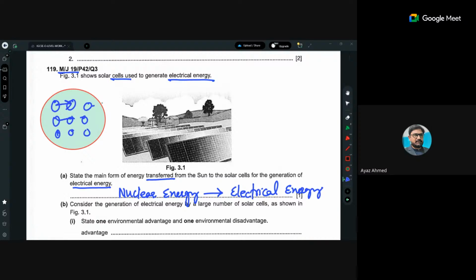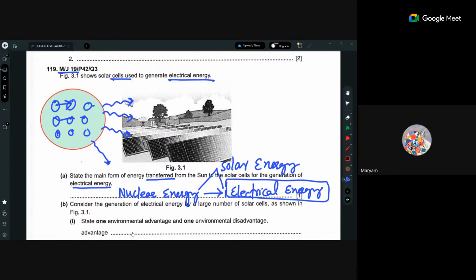When they reach the solar cell, it converts solar energy into electrical energy. So you can write one more step here: nuclear energy is converted into solar energy, and then solar energy is converted back to electrical energy. Okay, sir.